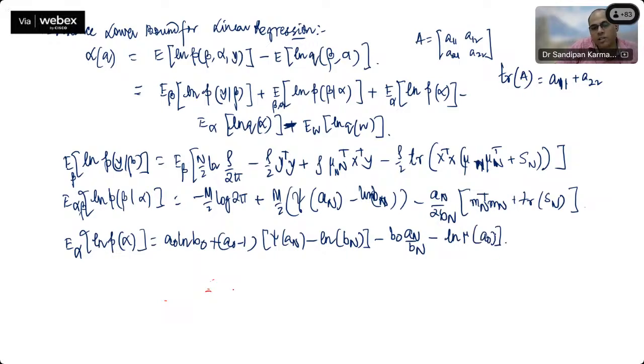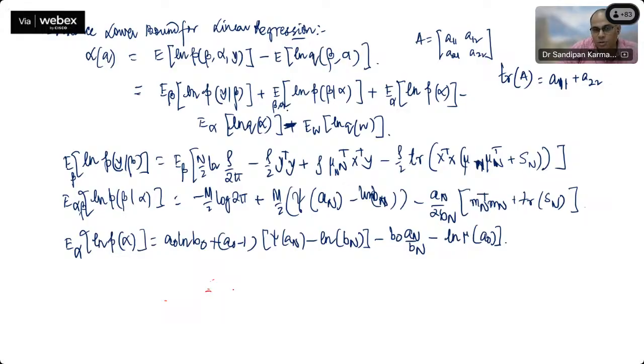What kind of questions might you expect? Suppose I tell you that in the evidence lower bound calculation, you are using expectations on the joint distribution and expectations on the priors. With reference to which variable will you find this expectation? Look at ln p of beta given alpha.